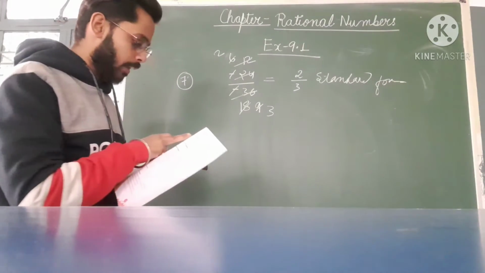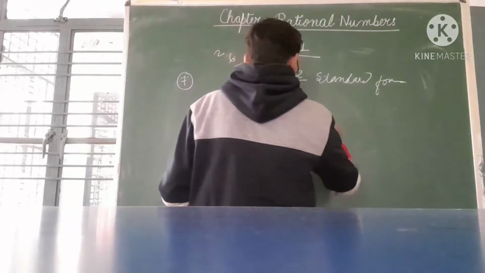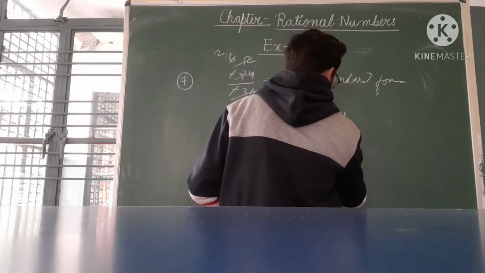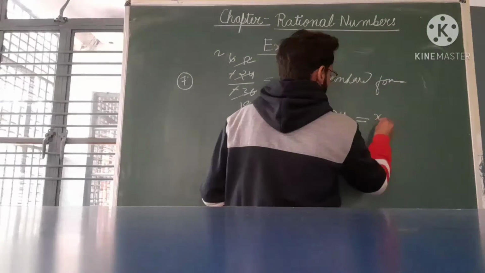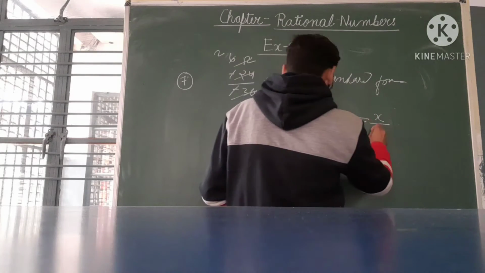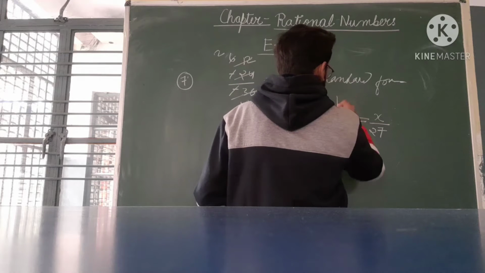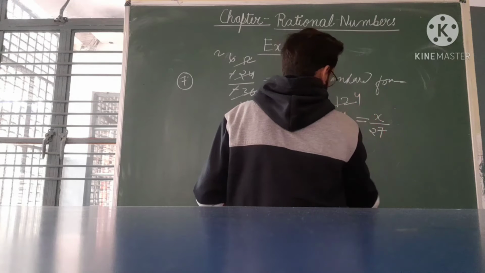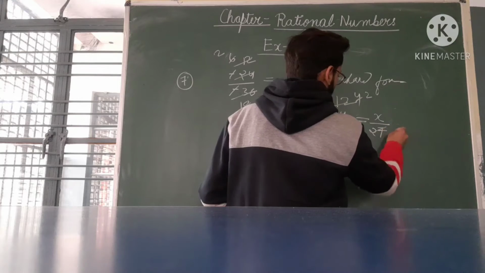Now we have to express minus 24 upon minus 36 with denominator 27. So we will take the denominator as 27 and the numerator as x, because we have to find the numerator. Minus minus will cancel out. 2 1s are 2, 2 2s are 4, 2 8s are 16, 3 4s are 12, 3 6s are 18, 2 3s are 6, 3 1s are 6, 3 2 7.